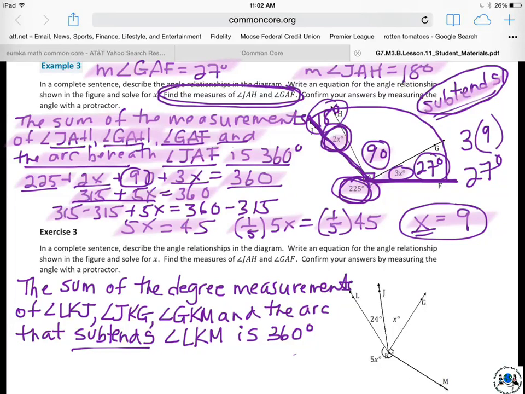Okay, so here's my description of angle relationships in this diagram, exercise 3. The sum of the measurements of LKJ, JKG, and GKM, and the arc that subtends, again I'm using this word subtends in case it comes up, which means the arc that comes underneath, right here, all equal 360.